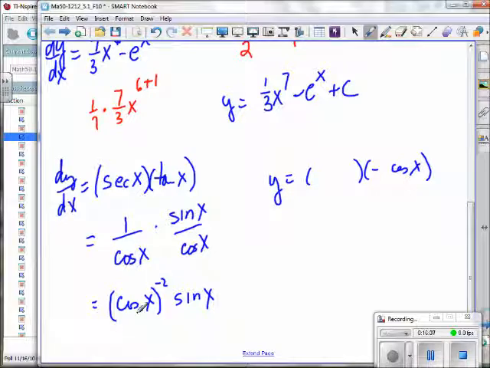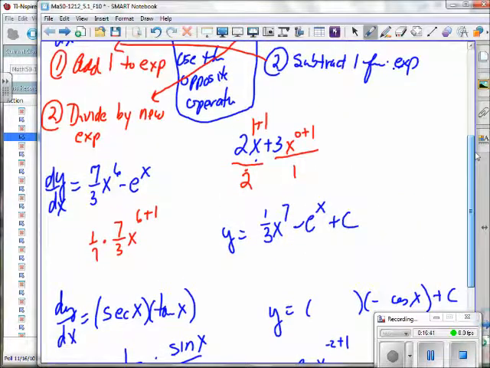And then the other one is a composite answer. If I do my rule, it would be cosine x to the negative 2 plus 1 divided by negative 1.